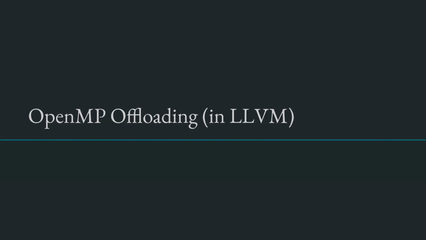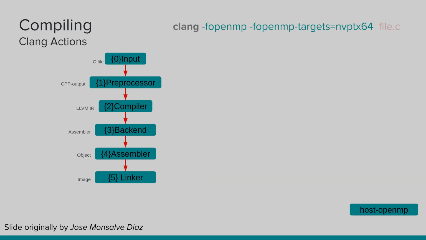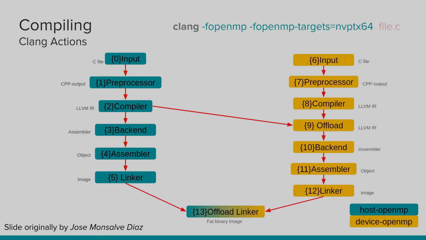Okay, let's talk a little bit about OpenMP offloading. We alluded to this. By default, you have the host OpenMP compilation, which takes the C input through preprocessor, compiler, backend, assembler, and linker. That's your usual compilation pipeline. Now with device offloading, we take the same input again and compile it again.